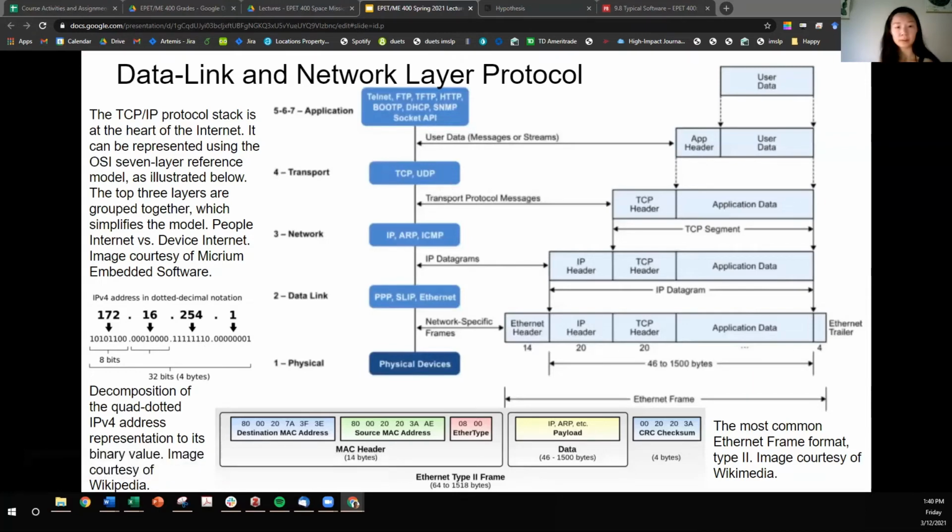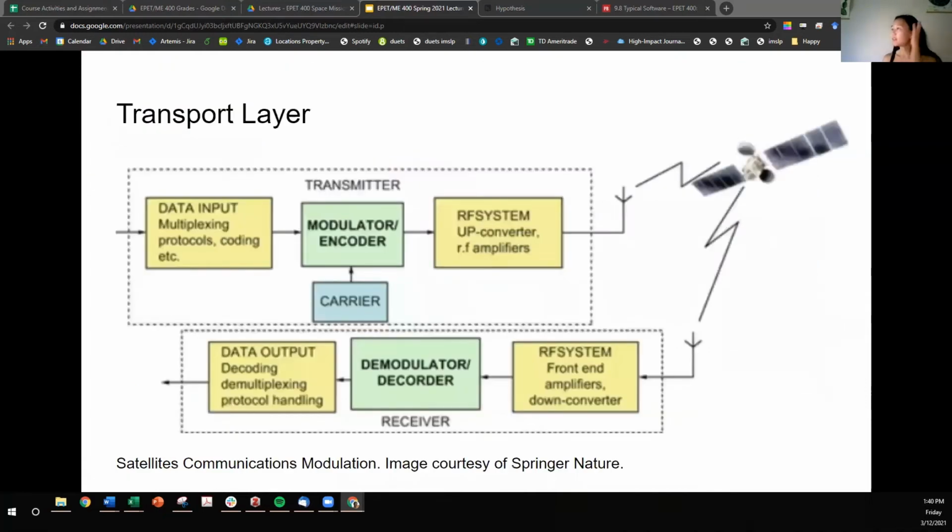The transport layer, maybe what I'll say here is that as you go up, you whittle down the amount of headers that you see on your data packets, and you actually get to the user data at the very highest layer. The transport layer, in this case, is the actual transport of the information across space.